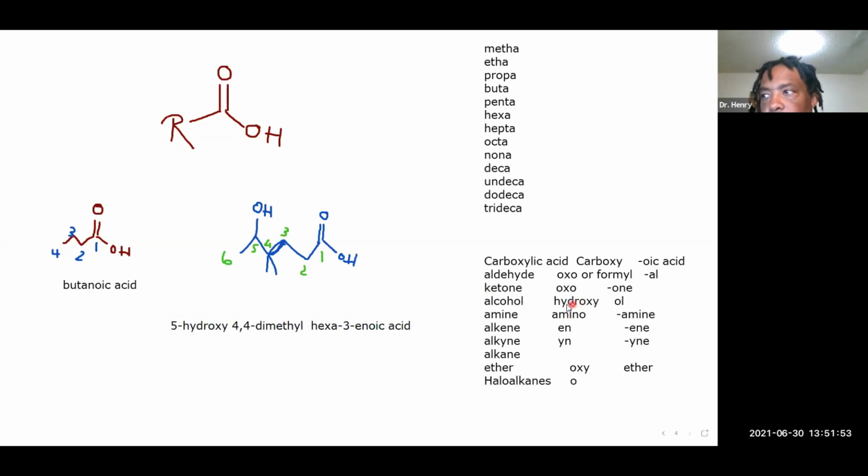So hydroxy is the prefix and OL is the suffix. We use the suffix only when it's the one that has priority. Since carboxylic acid is higher in priority, we're going to use its suffix, which is oic acid. Okay?